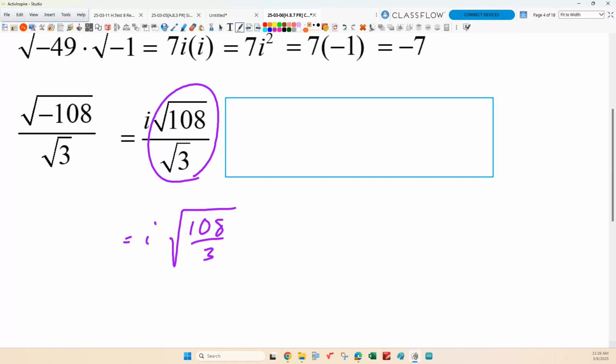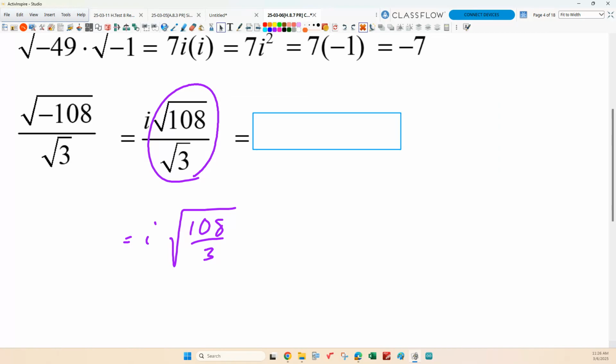That's a little better, isn't it? 108 over 3 becomes a 36. And so look what we get here. We just get I times the square root of 36. Well, that's just 6I, right? Okay, but you got to get the I out first.